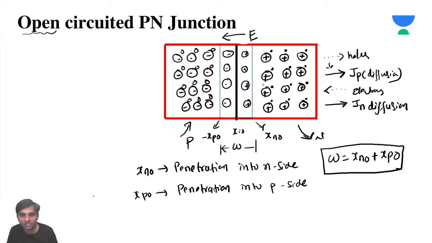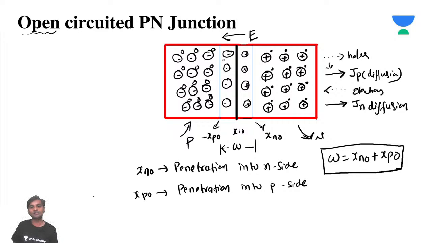The minority charge carriers in the N region are holes, so they will also be attracted. The minority charge carriers in the P region are electrons, and they will be attracted by this positive charge. Of course, the electrons in the N region will be repelled by this E, but that's okay. Similarly, electrons will be attracted by this negative charge here.